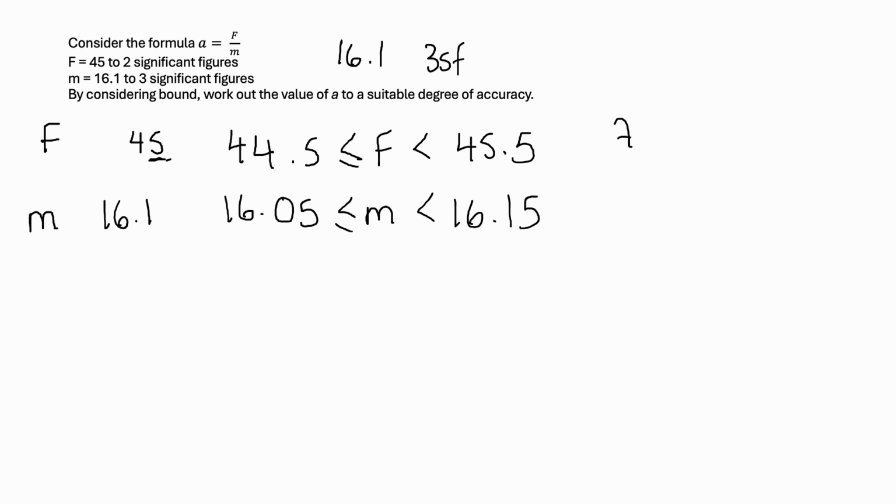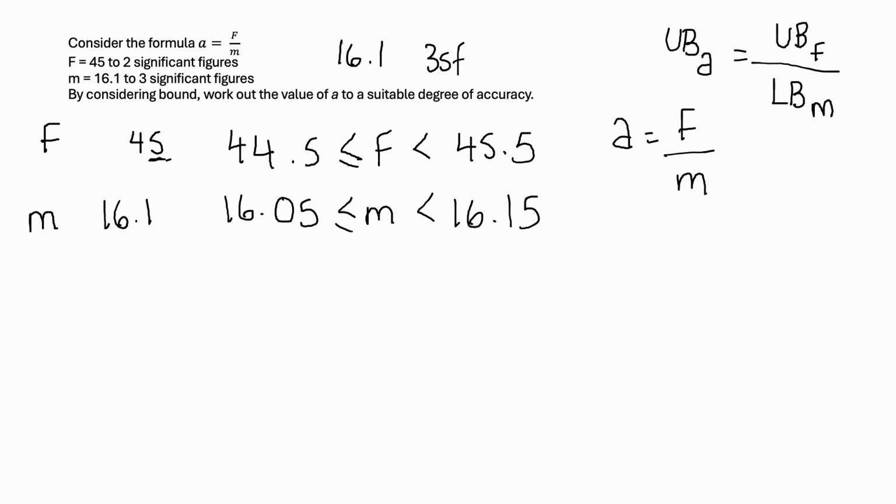So A is equal to F over M. So when dividing, it's important to remember that to find the upper bound for A, we have to use the upper bound for F, divide by the lower bound for M. Because let's think about it.